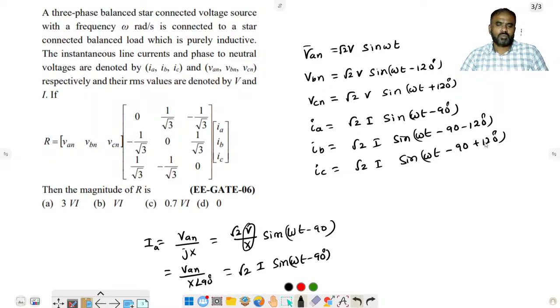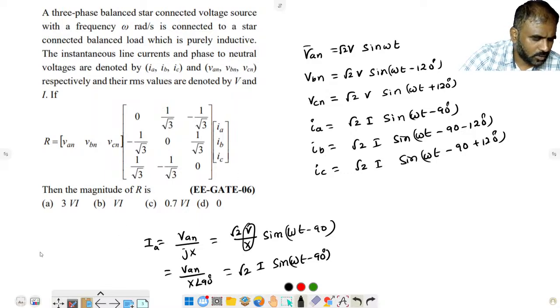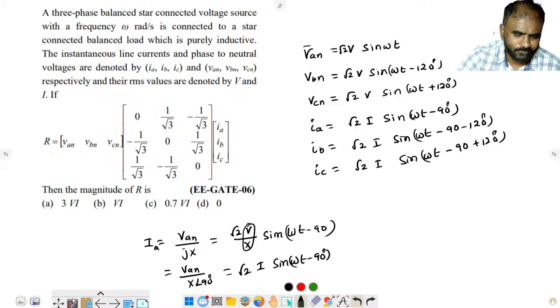Okay, clear? Now there is another question. So you substitute here. I hope you understand now. Substitute IA, IB, IC. First you multiply these two matrices. So what do you get?